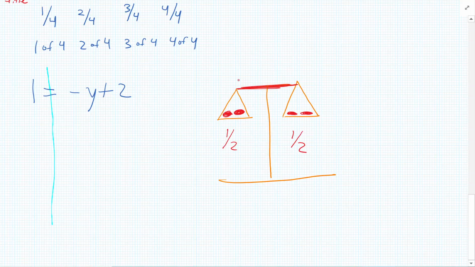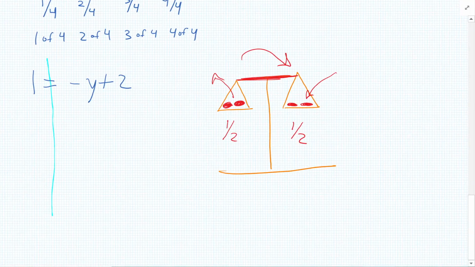You have a friend who's 100 pounds and you're 100 pounds. If you were sitting here, you would equally balance. No one would tip the scales in one direction or the other. The equal sign is very similar to a balance.